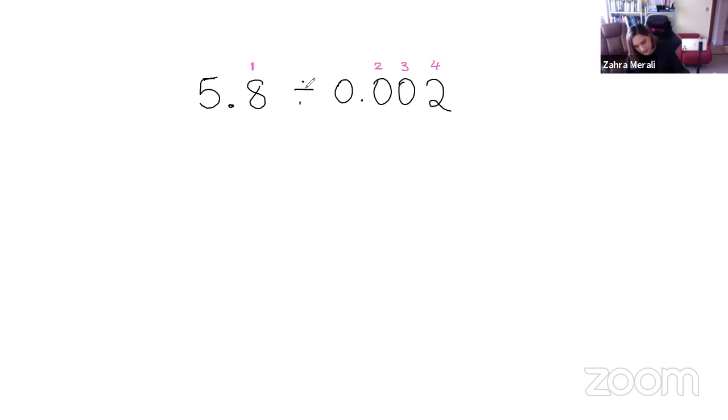So what we do first, we pretend there's no decimals. 58 divided by 2, half of 50 is 25, half of 8 is 4, add them up, 25 plus 4 to give you 29.